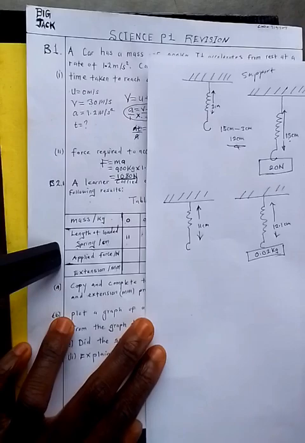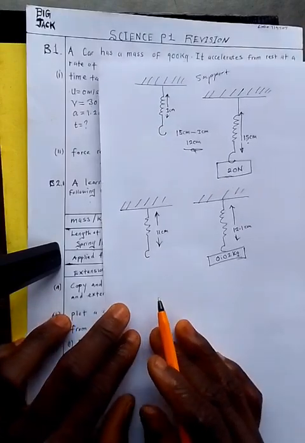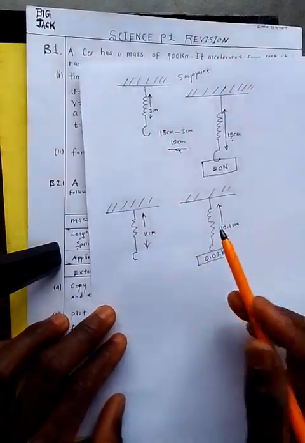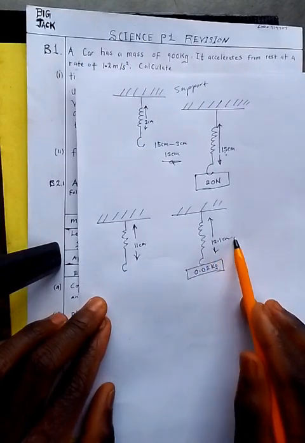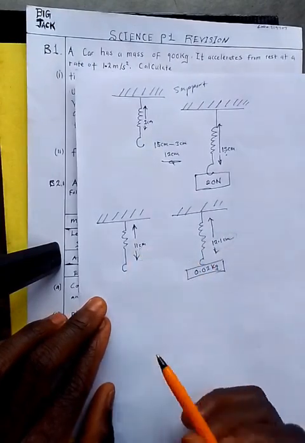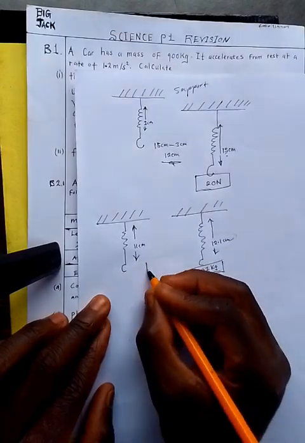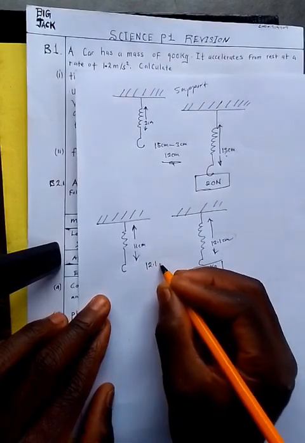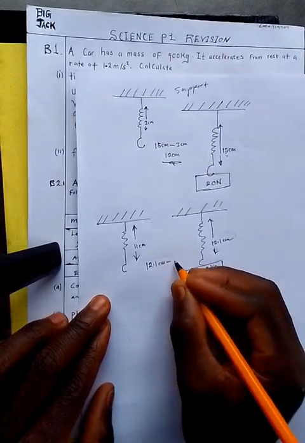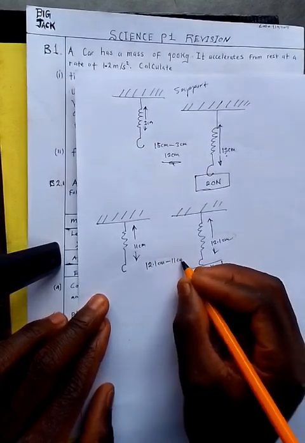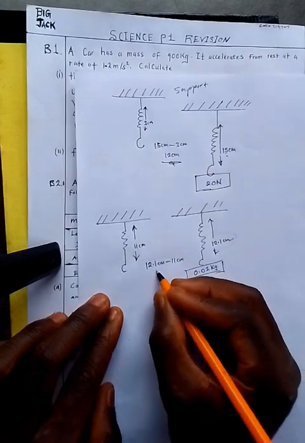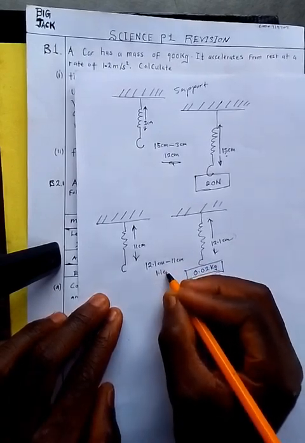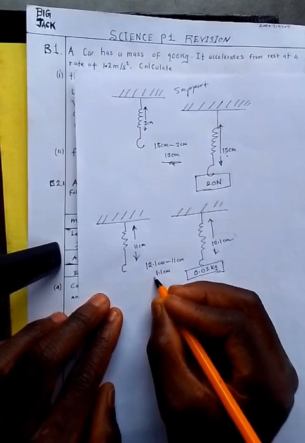Similarly, we are just going to do the same thing: the final reading minus the initial reading of the spring. So you can just say 12.1 centimeters minus 11 centimeters. Then the answer is going to be 1.1 centimeters. This one is going to be the extension.